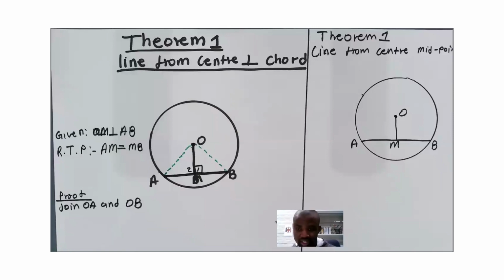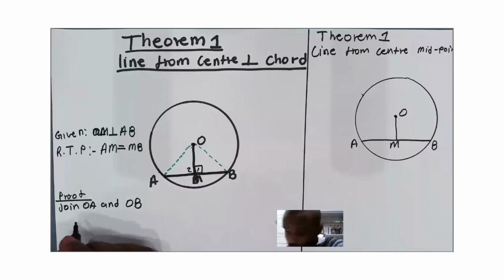Congruency is basically they are equal, but not similar, because similar is different from congruent. I hope you understand the part, because when you reach grade 12, or someone who's doing grade 12 right now, we have similarities, then you're proving similarities there, but we'll reach there. For now, we're going to prove congruency using two triangles.